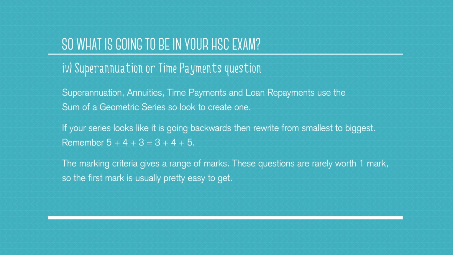The first mark is always pretty easy to get. It can be something as simple as converting the interest rate from per annum to per month. It can be as easy as knowing that if it is a loan repayments question, at the end of the time frame you're going to repay the loan, so it equals 0. They try and set it up so the first mark is very easy to get.